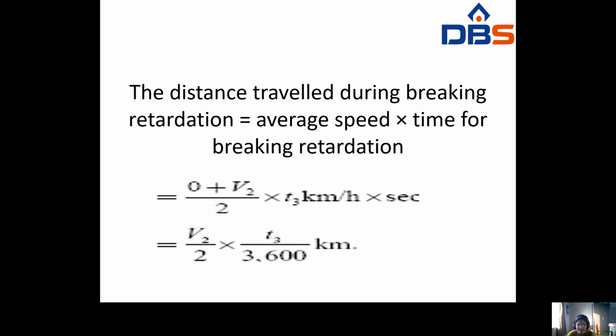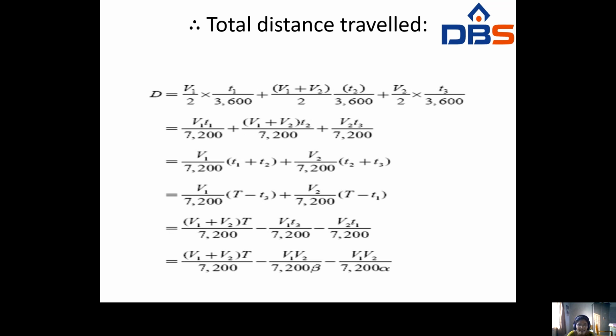That means the total distance traveled by the train is the distance traveled during acceleration, during the coasting period and during the retardation period. So here you write D equal to V1 by 2 into T1 by 3600, this is the distance traveled during acceleration, plus V1 plus V2 by 2 into T2 by 3600, plus V2 by 2 into T3 by 3600.